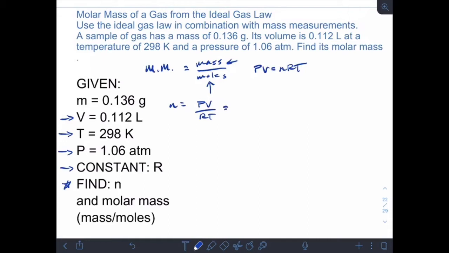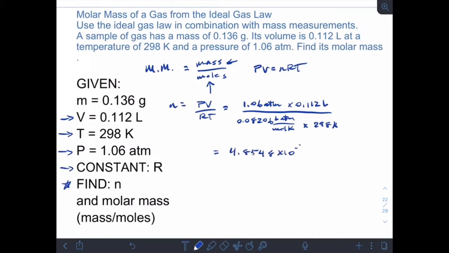So I can say 1.06 atmospheres times the volume, times R, 0.8206 liters atmospheres per moles Kelvin, times the temperature, 298 K, and we get an answer of 4.8548 times 10 to the minus 3 moles.